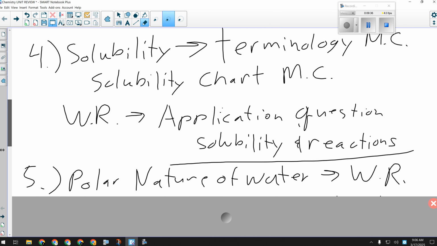Polar nature of water. So you'll need to be able to tell me what a polar molecule is, or what it means to be a polar molecule.